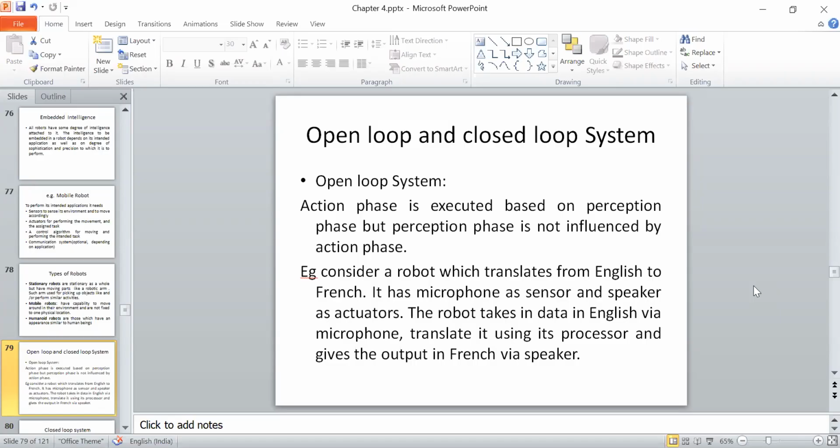Your action will depend on the perception, because first we perceive information, process it, and then act based on the perception. But if your perception does not depend back on the action, whatever action you take does not change the perception part, then these kinds of robots are called open loop robots. Like take the example of a translator.